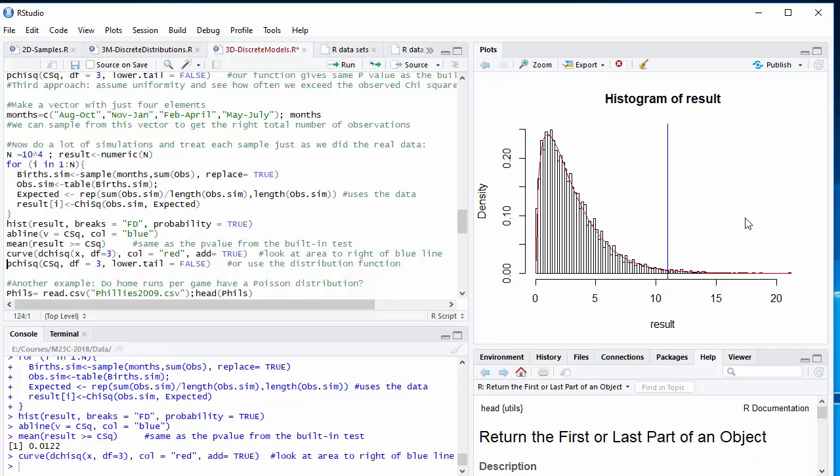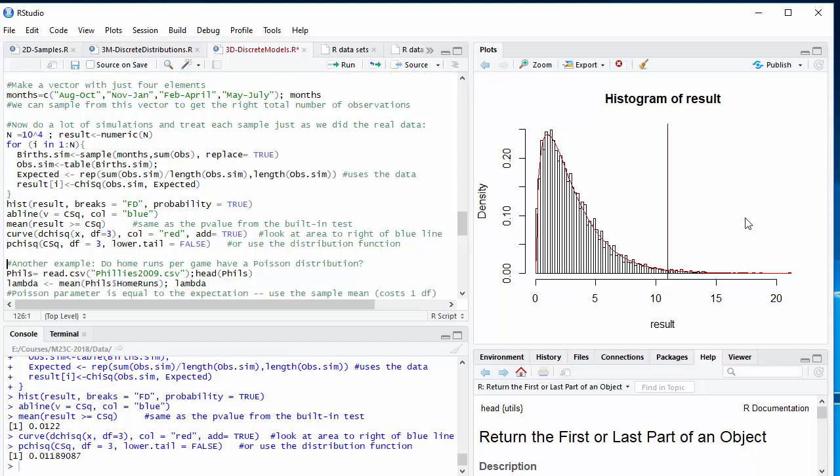In fact, looking at the area under the graph of the chi-squared density function, excuse me, gives the same number. So, while it's nice to do the histogram, it shows you what's going on. In this case, the built-in chi-squared function really gets you the same number much more quickly.